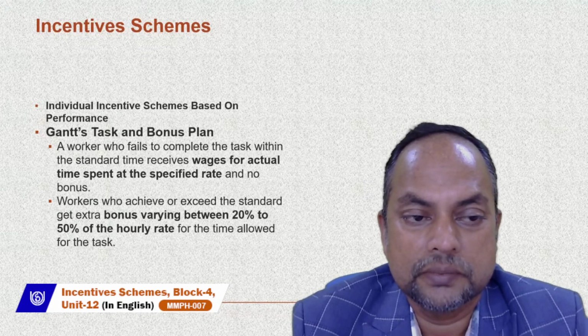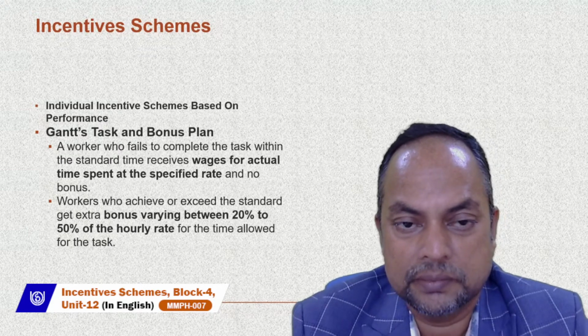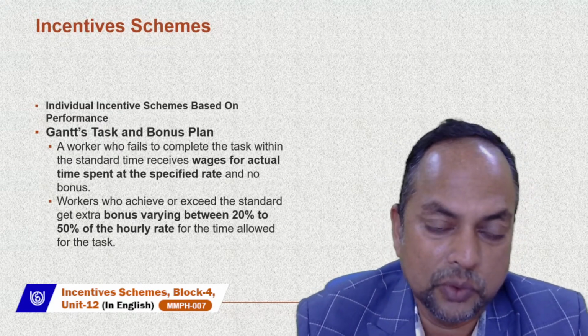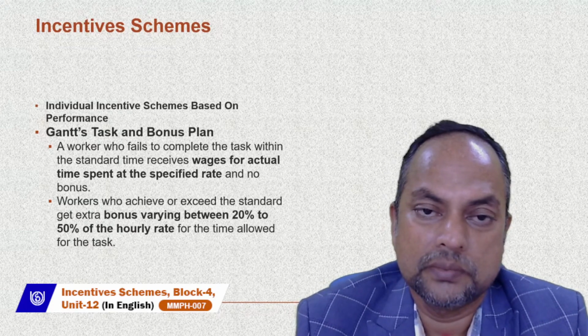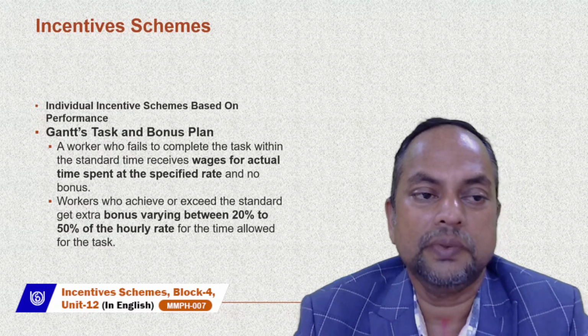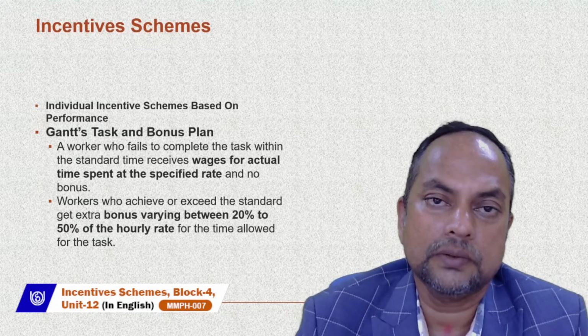But if the actual time spent is less or the productivity is more, then the worker can be provided with an incentive which may vary from 20% to 50% of their hourly rate.